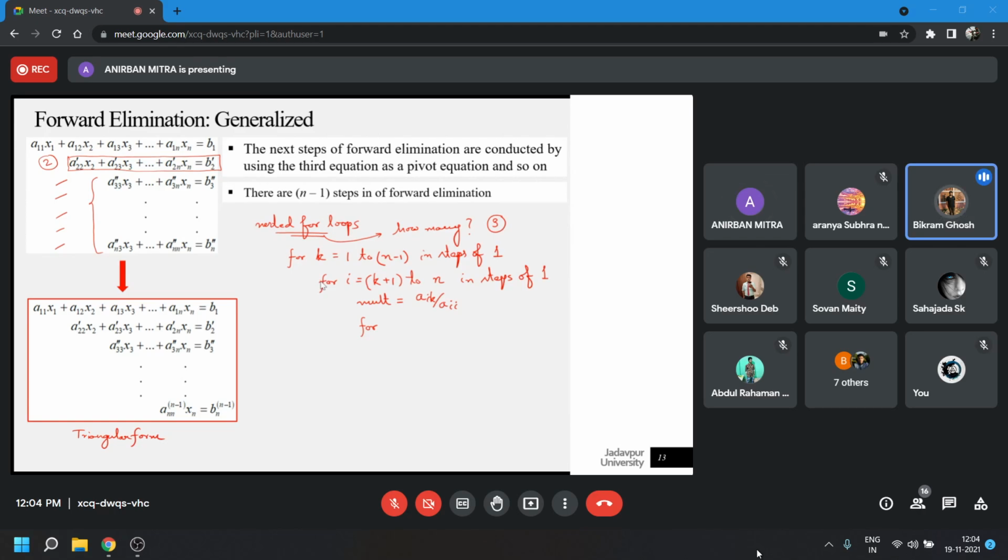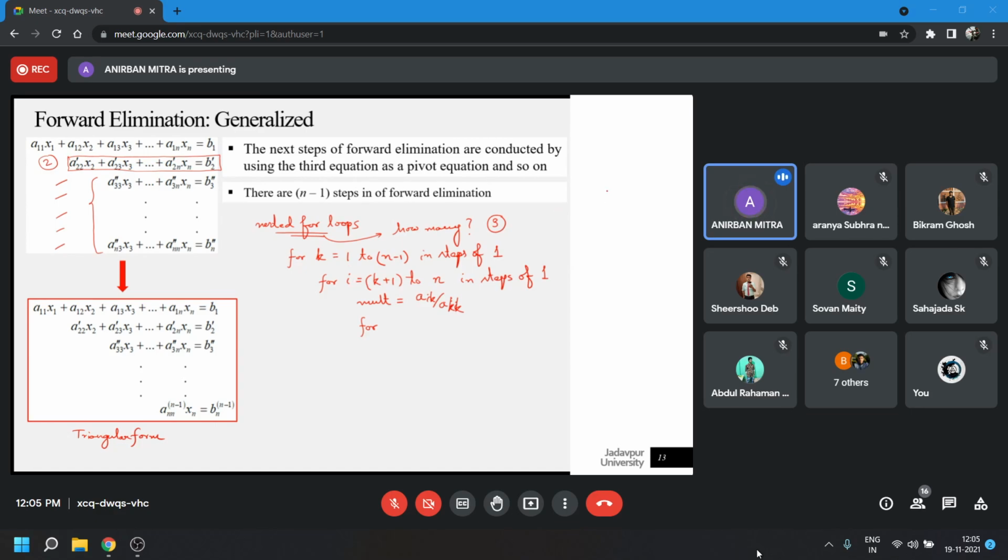Sir, shouldn't the multiplier be a_ki? Multiplier would be a_ik. Yes, this is going to be a_ik, not a_ii. Now you see, let's say k is equal to 1. So i would be equal to 2.